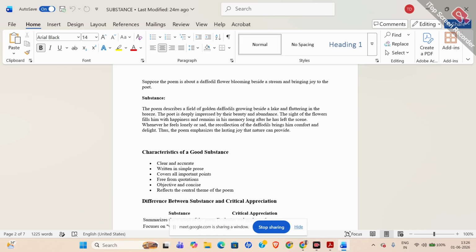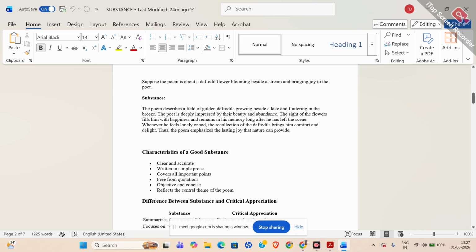That's the poem. লাস্টে কি বলতে হবে, এটা বডিটা হচ্ছে this one, এই ছোট্ট করে। This first line is the subject, what the poet is saying in the poem. And the last line, thus, it begins with this. Thus, the poem emphasizes the lasting joy that nature can provide.